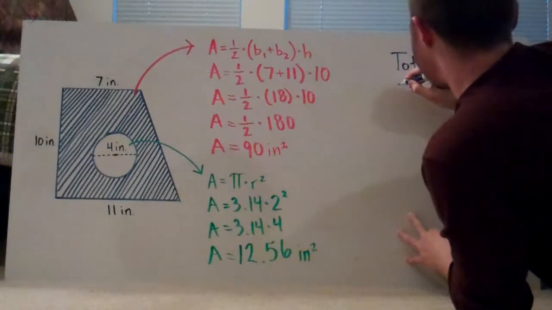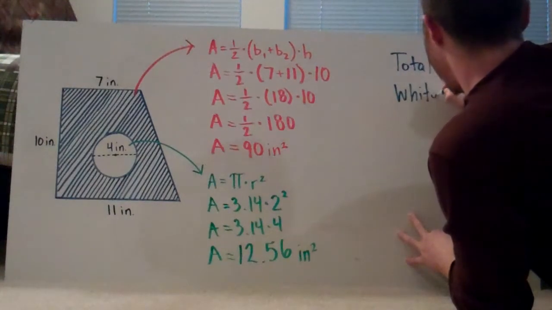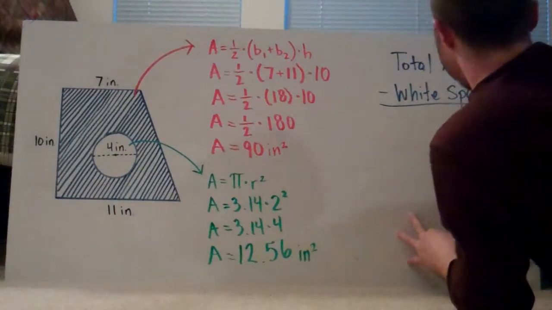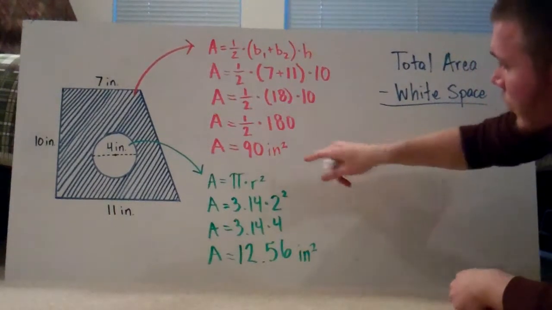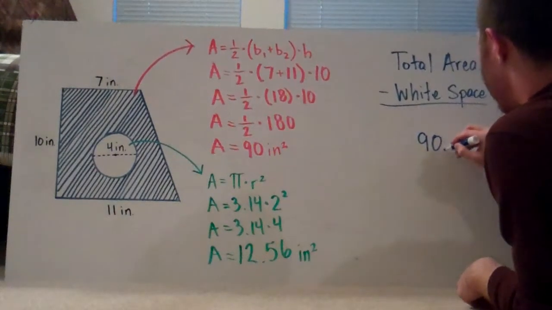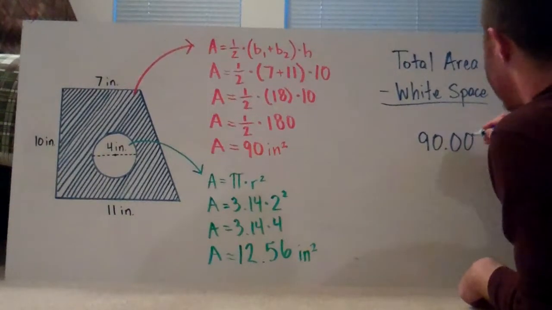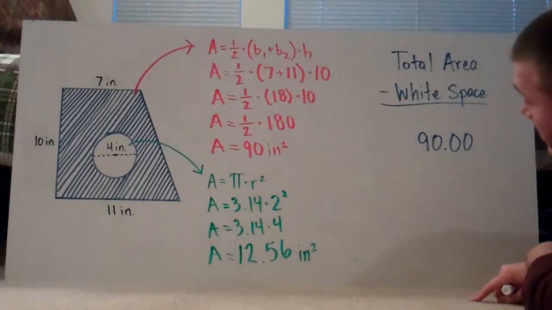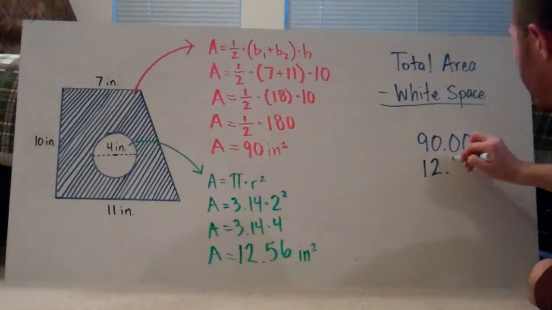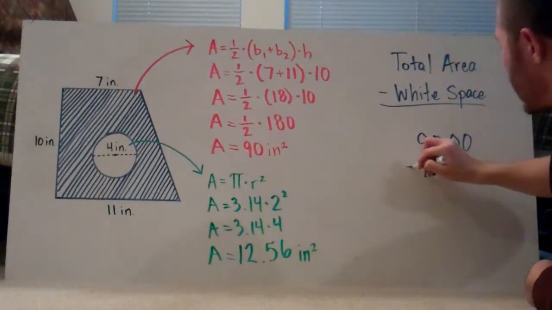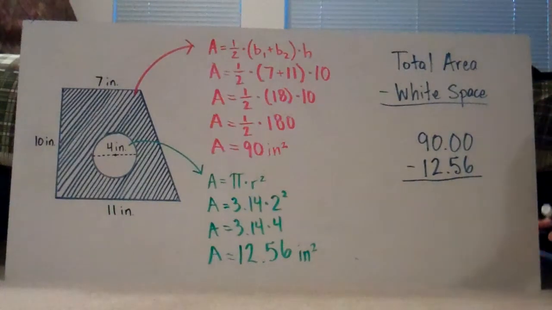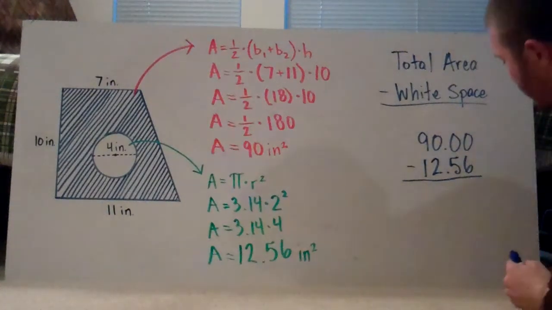Total area minus the white space. So the total area is 90. So I'm going to do 90 minus 12.56. Subtract. Moving on.